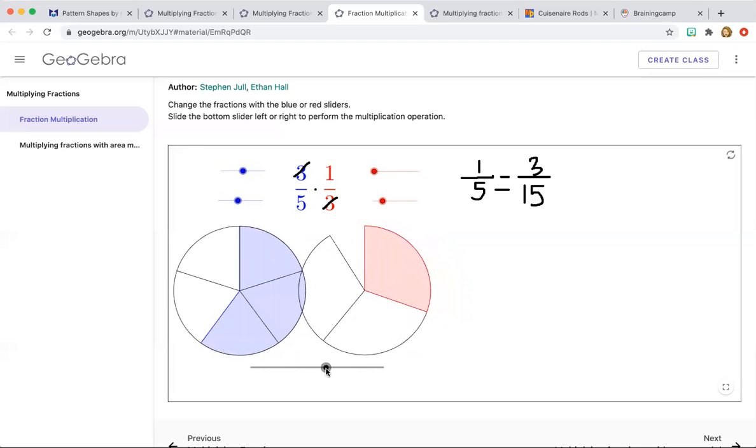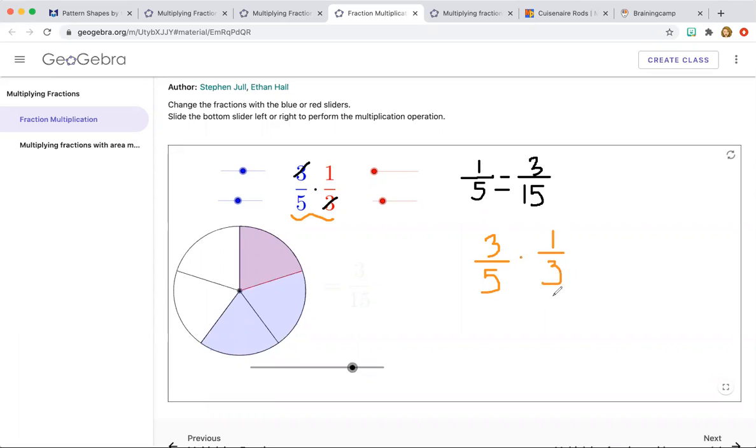But why did this happen? How does this show what's happening here with this dividing out? Another way I want you to think about this is, if we think about 3/5 times 1/3, this says I want 1/3 of my 3/5.